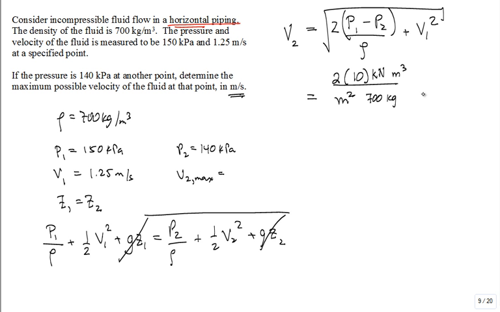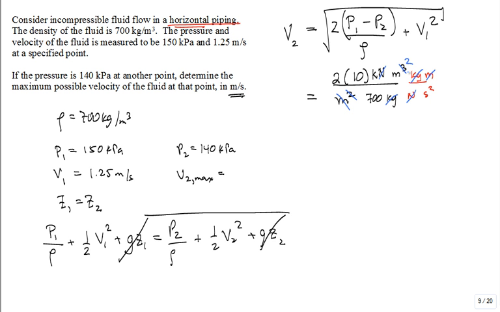Let's do the unit conversion right away. Newton is a kilogram meter per second squared. So that Newton goes, but watch out for that kilo. And then the kilograms go, and we're going to be left with meters squared per second squared.